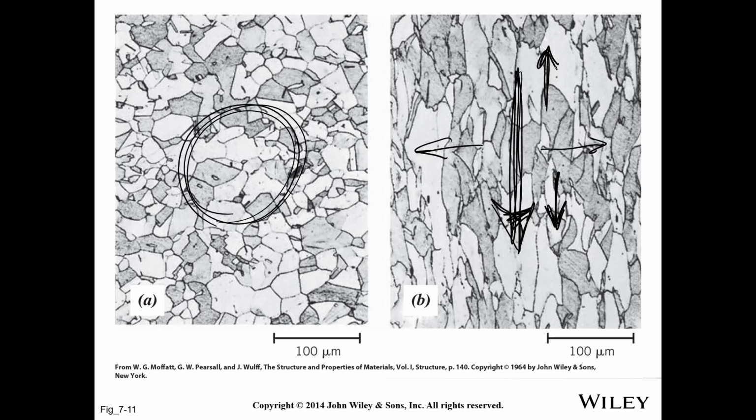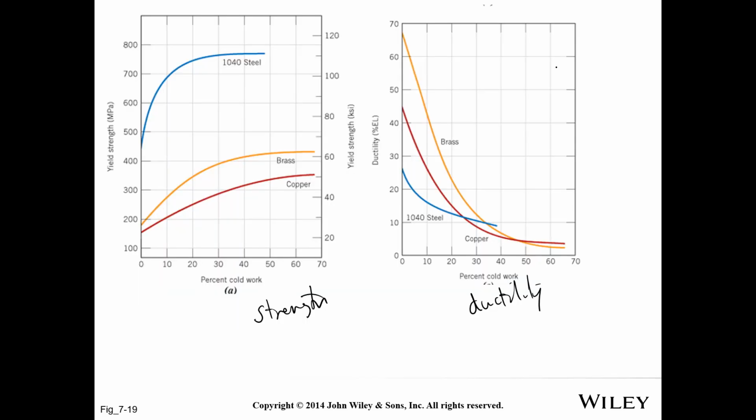All right, so we're going to end there, and next time what we're going to talk about is something that we've already hinted at, but we said before that the more you work the metals, the stronger they get, but less ductile. How do we return them to be soft and ductile again? We heat the materials.